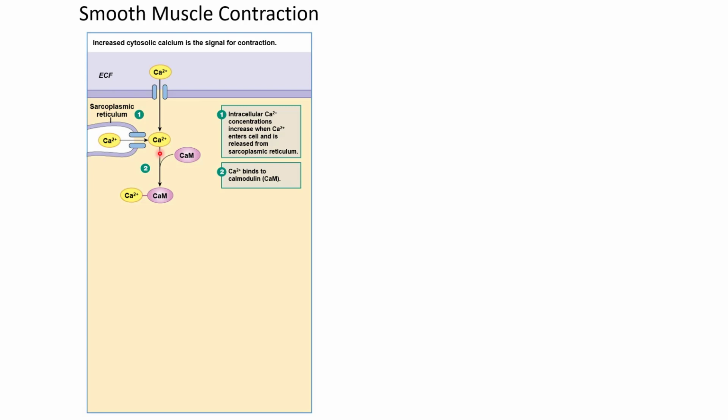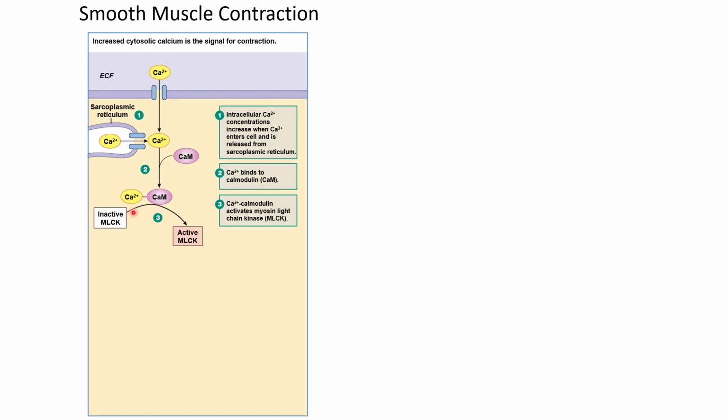So I mentioned that calcium can come from the outside. Intracellular calcium concentrations are going to increase when these channels get triggered to open. We have these channels both in our sarcoplasmic reticulum and in the cell membrane itself, which brings calcium into the cell. When that calcium enters and we have that spark, it binds to a protein named calmodulin, or CaM for short.